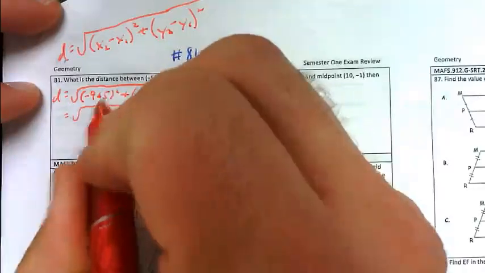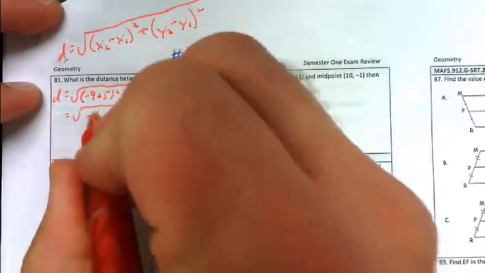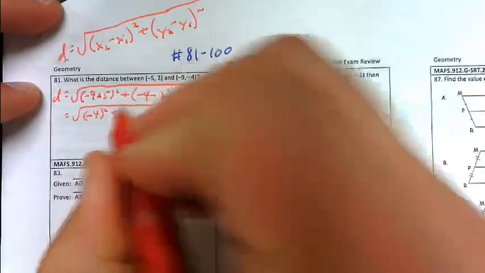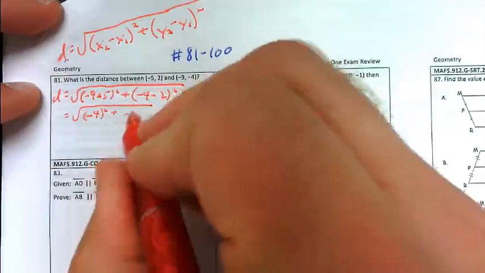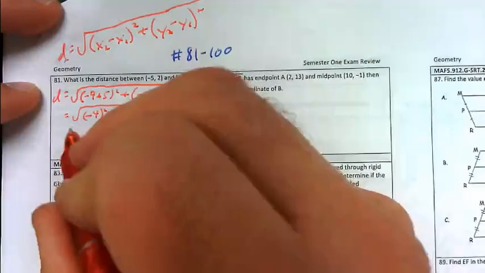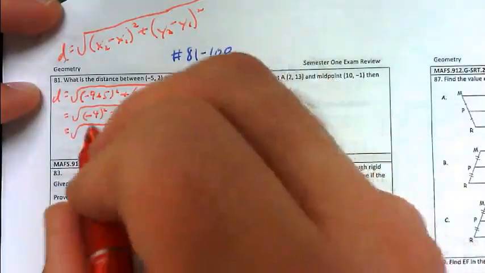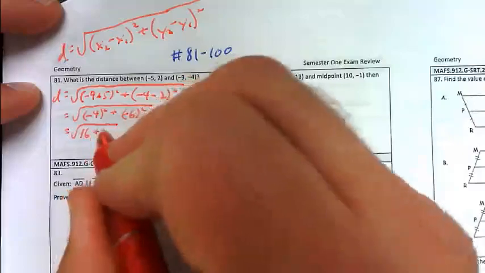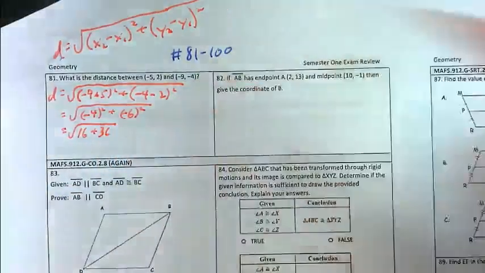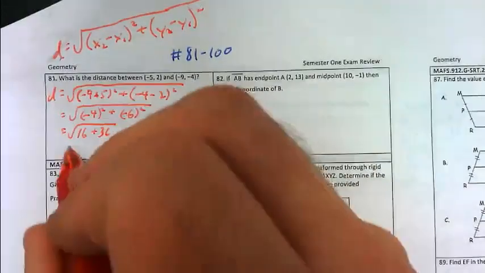Negative 9 plus 5 is negative 4. Negative 4 minus 2 is negative 6. Negative 4 squared becomes positive. Everything should become positive at this point. So 16 plus 36.